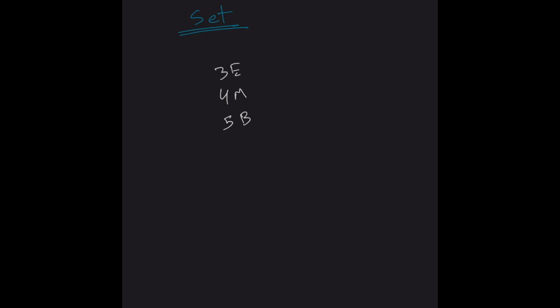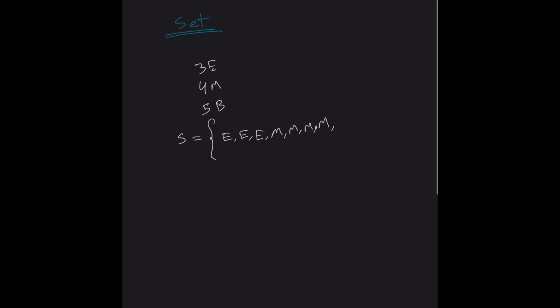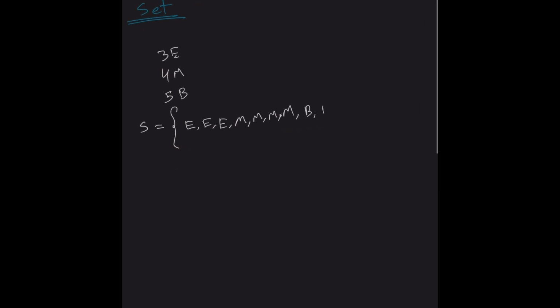We could say that the bookshelf contains books, which can be defined by a set, say S, where we can represent this by E, E, E, M, M, M, M, and B, B, B, B, B. So this is a set.